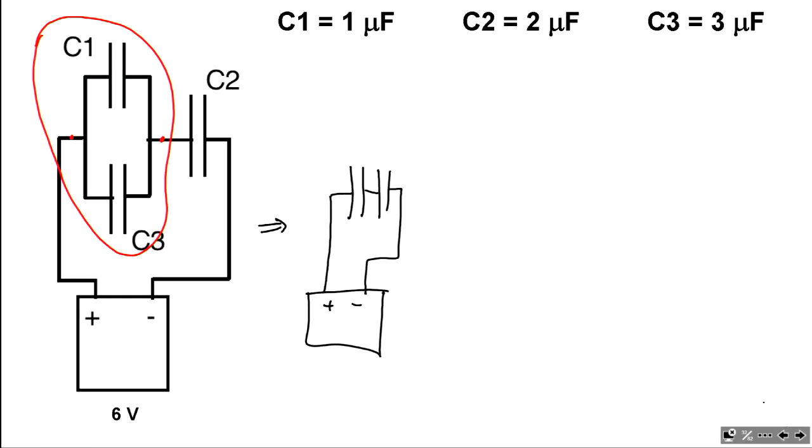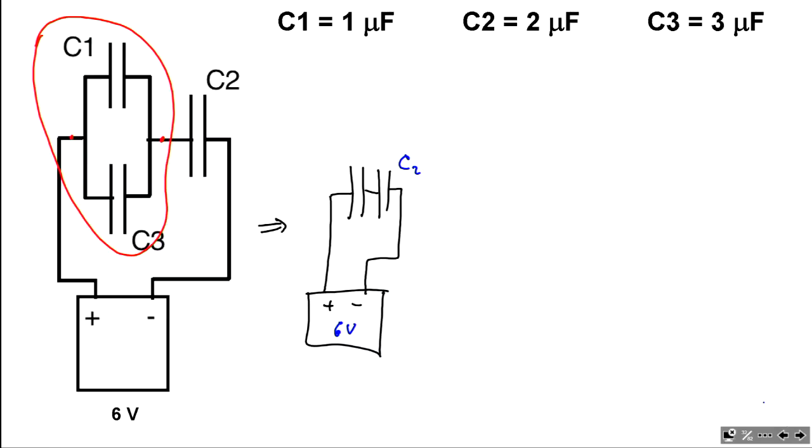When we redraw the picture, we keep parts which we don't change the same, and we change the part which we replace. So this is still the same capacitor number 2. We didn't touch it, we didn't change it. This is still the same battery, 6-volt battery.